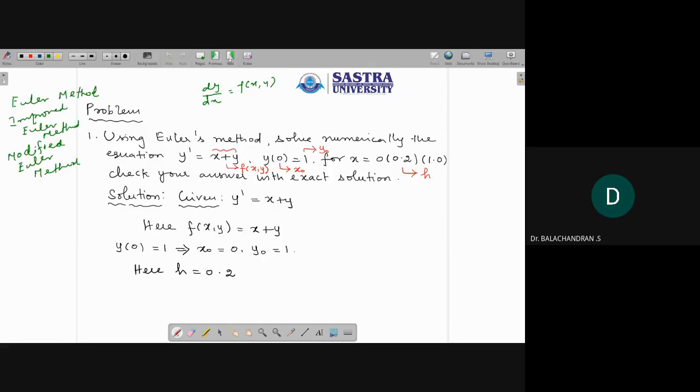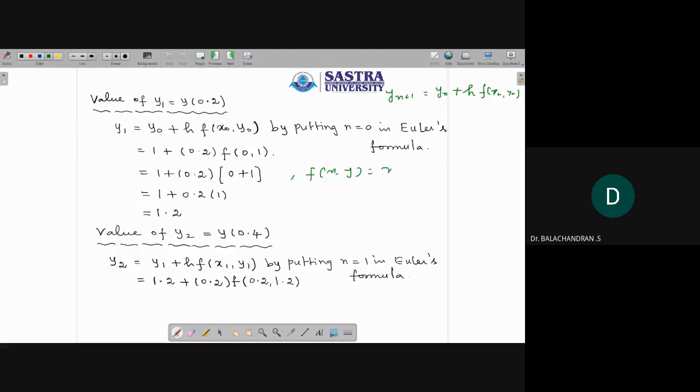So f of 0 comma 1 equals 0 plus 1, so 1. So 1 times 0.2 plus 1 is 1.2. The same procedure applies for y2, y3, y4, y5. Okay. I will explain quickly the remaining values.